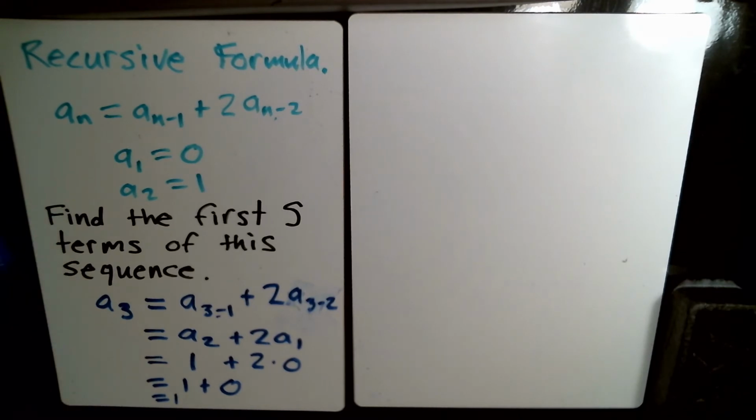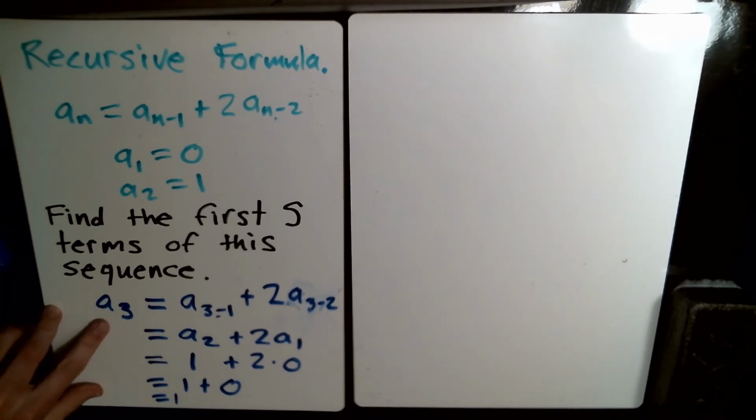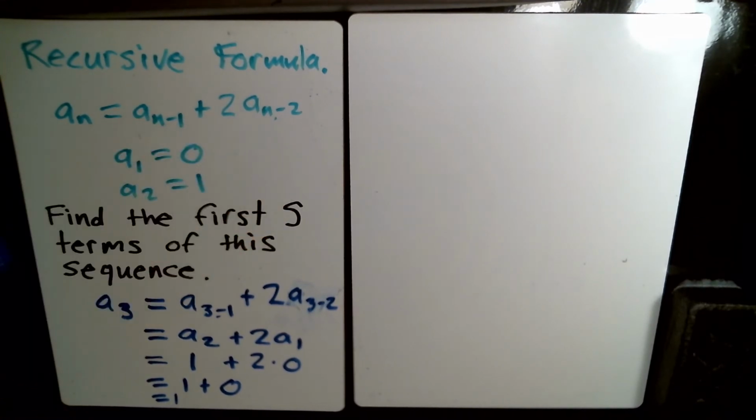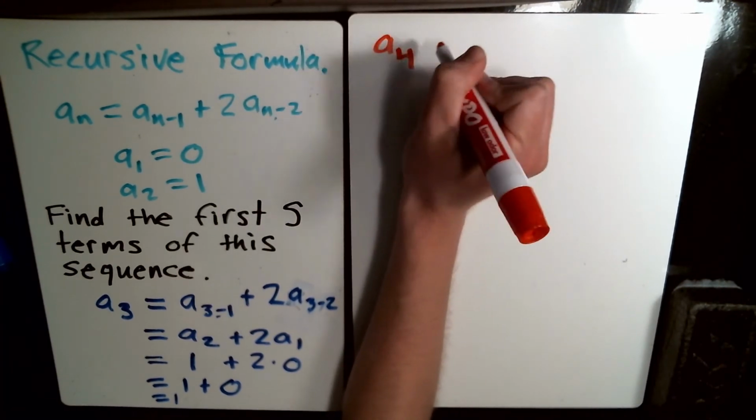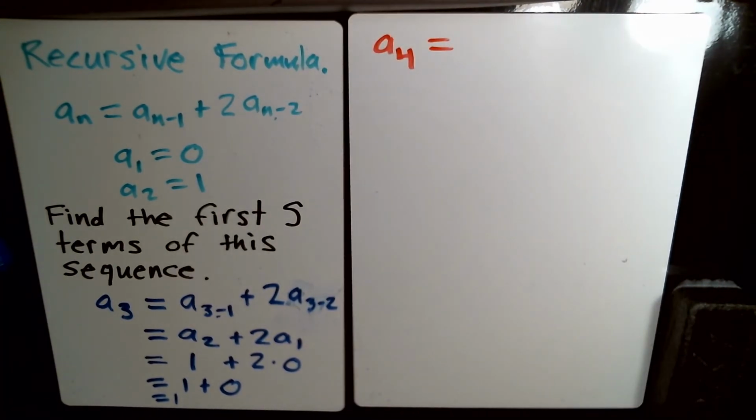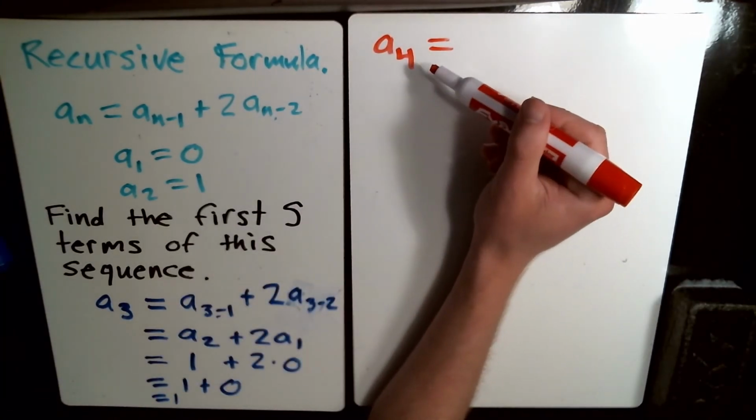Okay, let's do another one. Because we were looking for 5 terms, we now need to find a sub 4. We do the exact same thing, except instead of plugging in n equals 3, we plug in n equals 4.